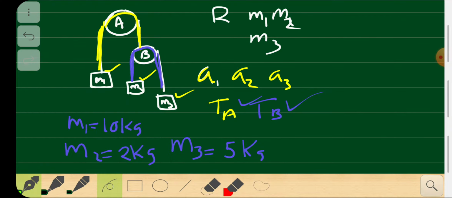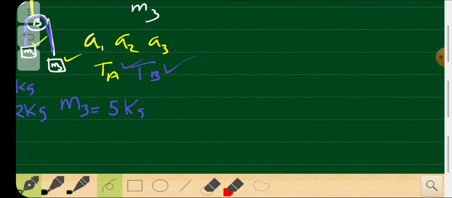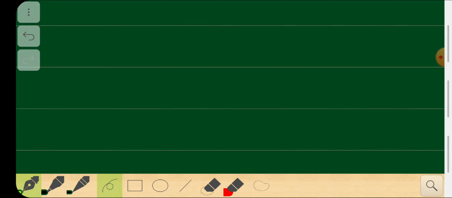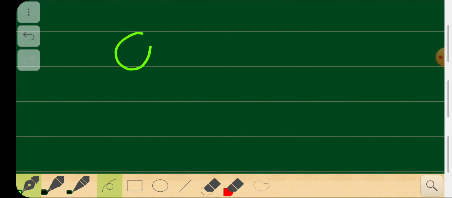So how can I do that? For that, I'm going to redraw this problem with the two pulleys, just like that, and then I'm going to draw these strings.